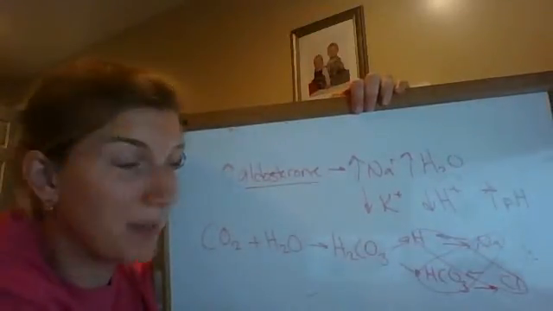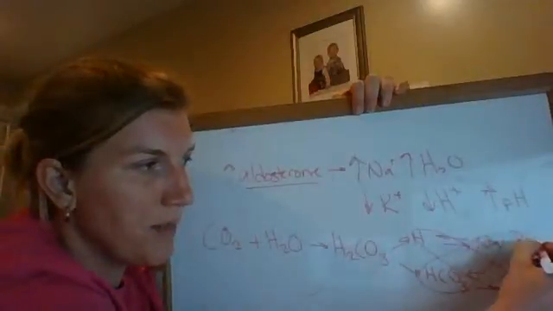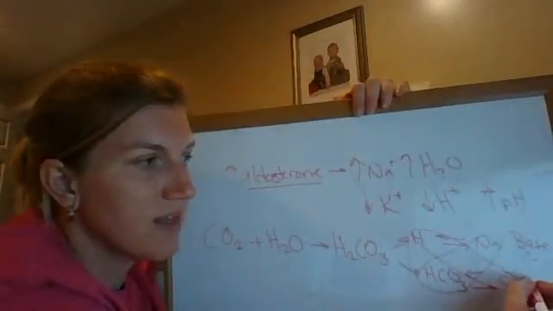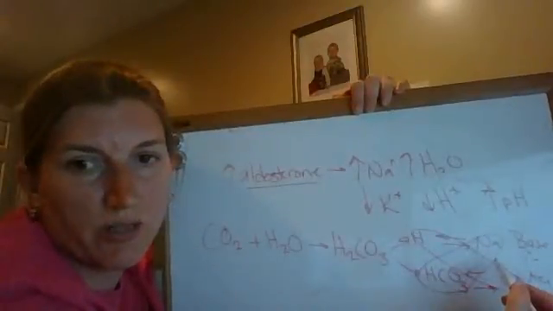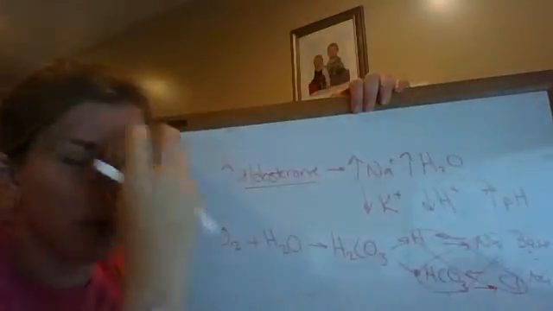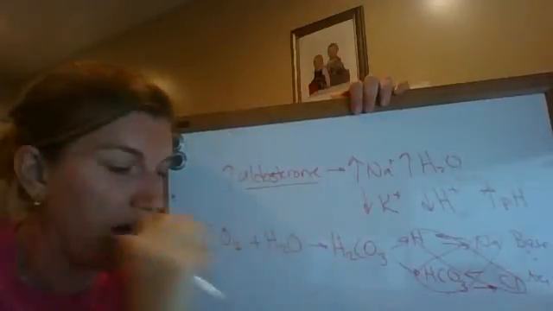If you know anything about basic chemistry, you know that this is a strong base and this is a strong acid, HCl and NaHCO3. And so they're always going to kind of move opposite of each other.